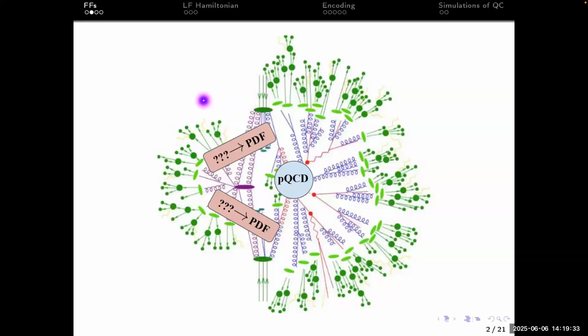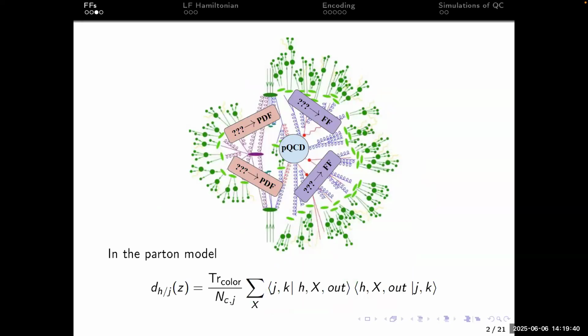So in this picture there will be this proton here and proton there. Then we have other functions that tell us how the partons produced in the hard collision produce the hadrons that we measure in the final state. Those are the fragmentation functions. Here in the parton model, we can write them as amplitudes between the parton that is producing the hard scattering, which is this part, and the hadron that we measure asymptotically in the light cone.